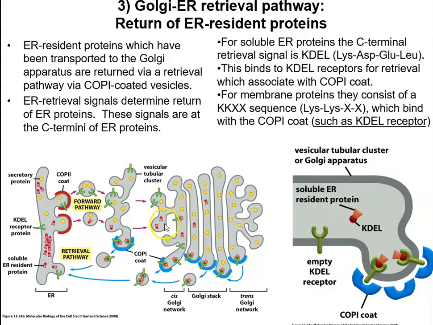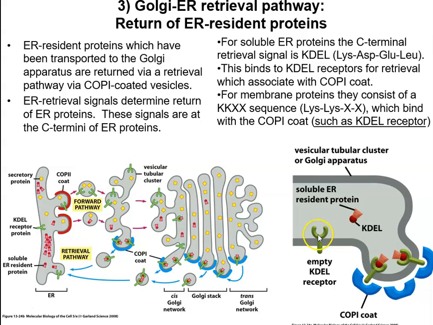This receptor, which is bringing back these ER resident proteins, is called the KDEL receptor. KDEL is just four amino acids, lysine and so on, which is a signal peptide on these proteins. So this is a KDEL receptor. This binds to any protein with an exposed KDEL signal sequence.